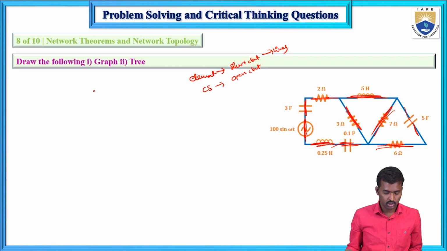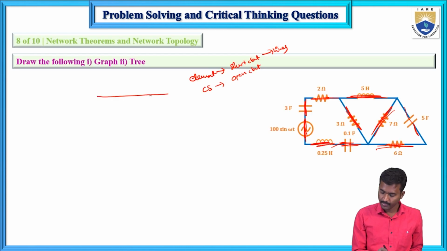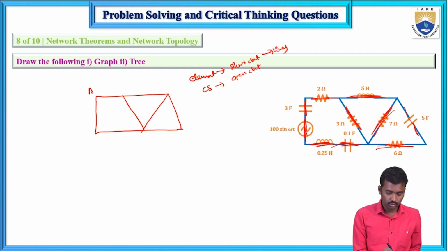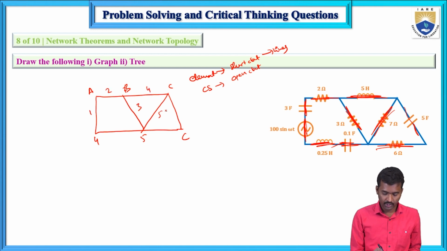If you draw the graph, this is the graph. Here the possible number of nodes: 1, 2, 3, 4, 5 and 6, and branches 1, 2, 3, 4, 5, 6, 7, 8.